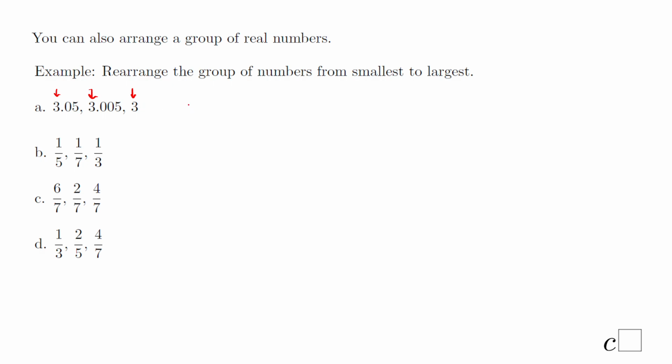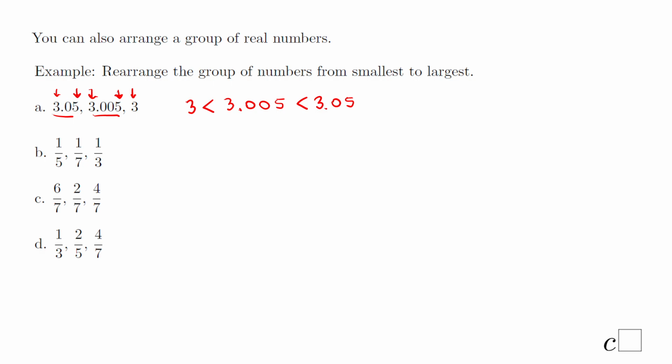But the smallest one will be the last one, 3. 3 will be less than which one? Now, if we take a look at these two numbers, the smallest one will be 3.005. Why? Because this 5 is in the thousandths place. And then the largest one is 3.05, since this 5 is in the hundredths place.